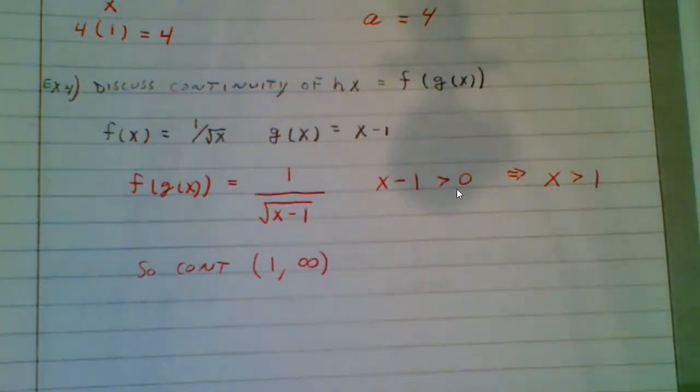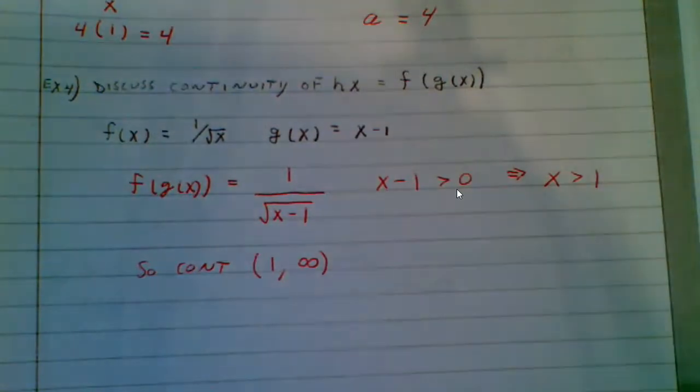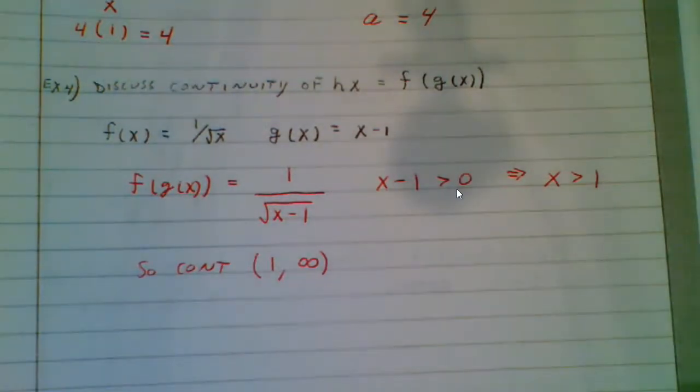I can't say greater than or equal to 0 because it's a denominator. So if it's on the bottom of a fraction, I have to say that it's greater than 0 instead of greater than or equal to 0. Right? It can't equal 0 if it's on bottom. So solving that little equation tells us x can be anything bigger than 1, which means this function is continuous from 1 to infinity.